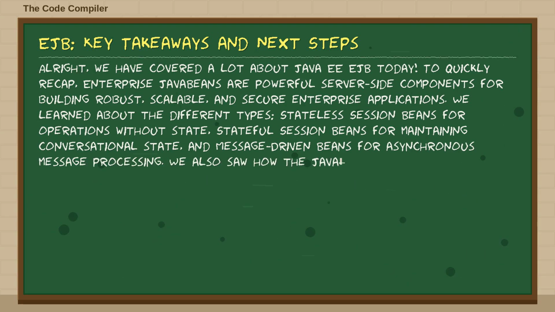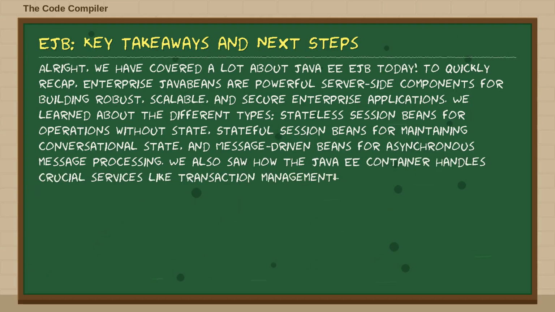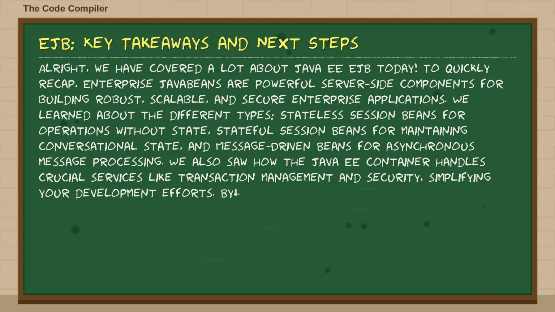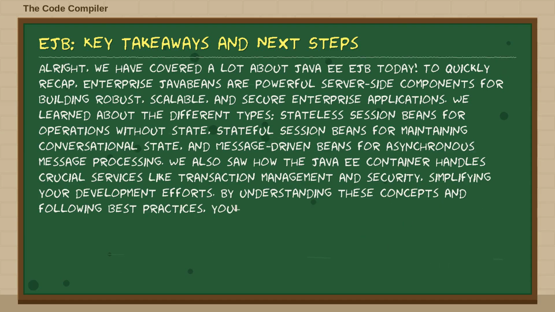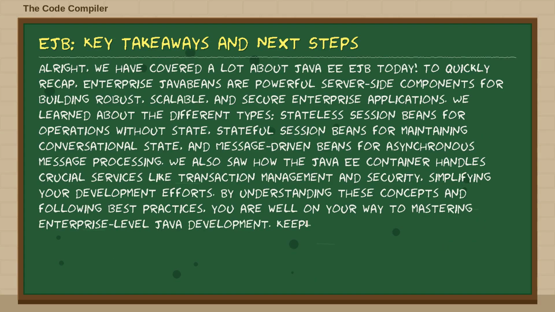We also saw how the Java EE container handles crucial services like transaction management and security, simplifying your development efforts. By understanding these concepts and following best practices, you are well on your way to mastering enterprise-level Java development.